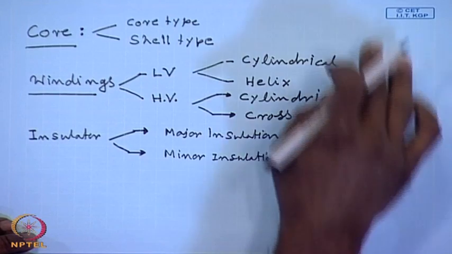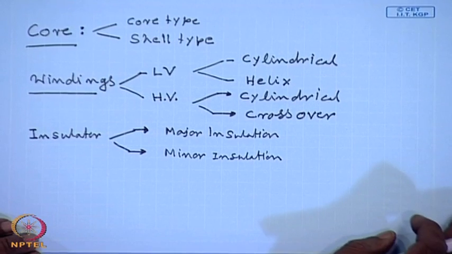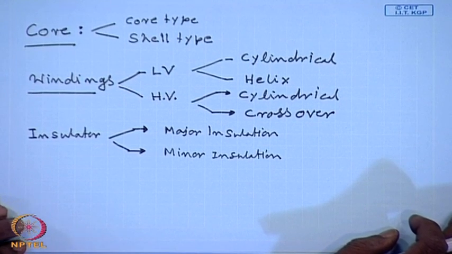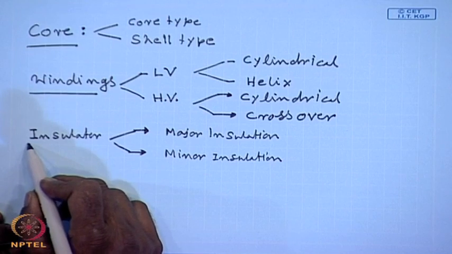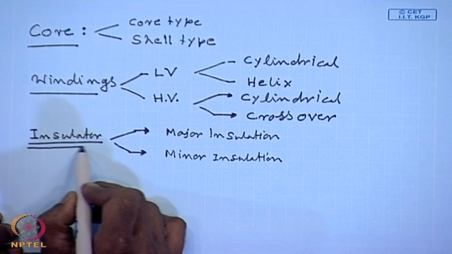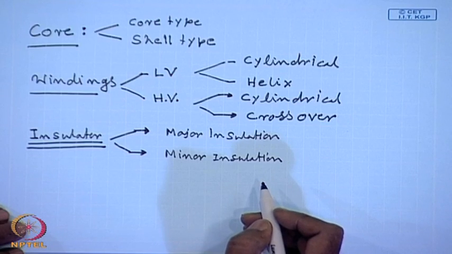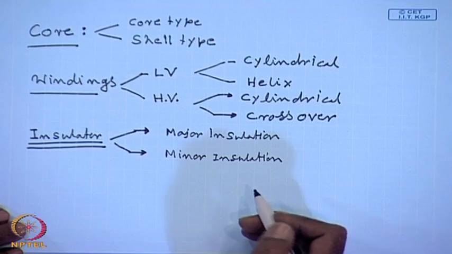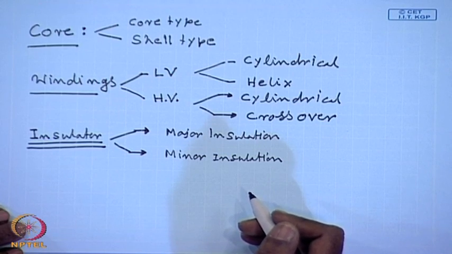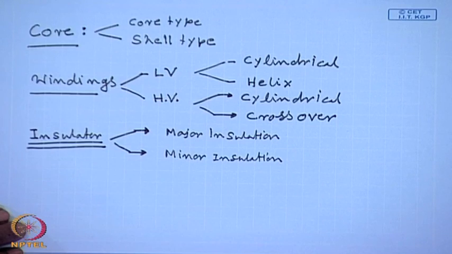The insulation material are characterized by their maximum temperature at which they can maintain their insulation properties, and this is the weakest constructional component of a transformer, and more often than not the quality of the insulator will determine the reliability or even the size of a transformer.